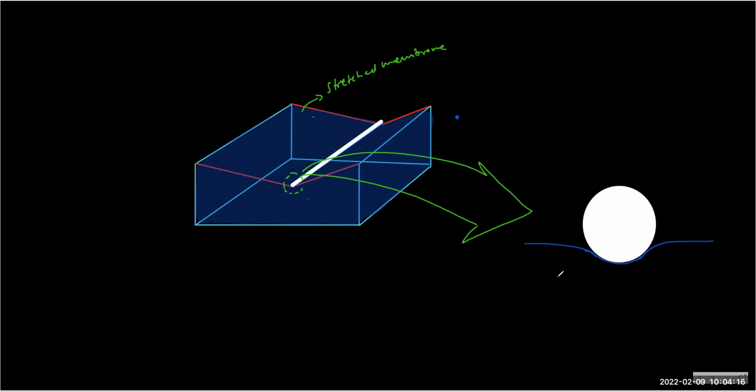And the surface molecules, let me draw some molecules.